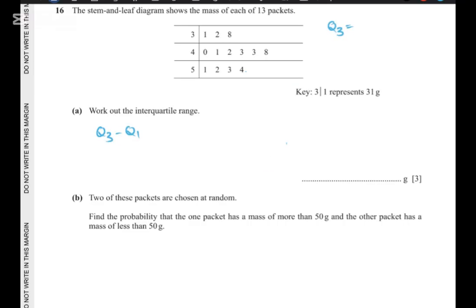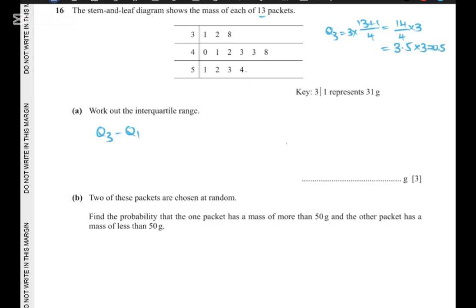Q3: there are 13 observations, so 13 plus 1 by 4 will be 14 by 4. Sorry, Q3 is equal to 3 into 14 by 4. 14 by 4 is 3.5, into 3, which is 3 5s are 15, 3 3s are 9, 10, 10.5.